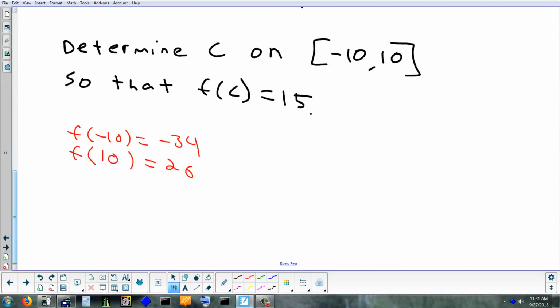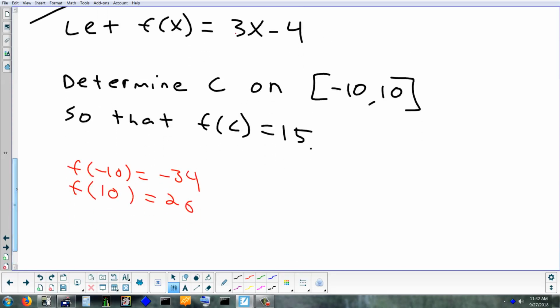So for my range, I'm starting at negative 34, I'm ending at 26, and we're doing it on a line. A line is continuous. No breaks, no holes, no undefined values. So am I, at some point, going to pass through 15? Yeah. If I'm starting at negative 34 and ending at 26, I'm definitely going to pass through 15 somewhere.